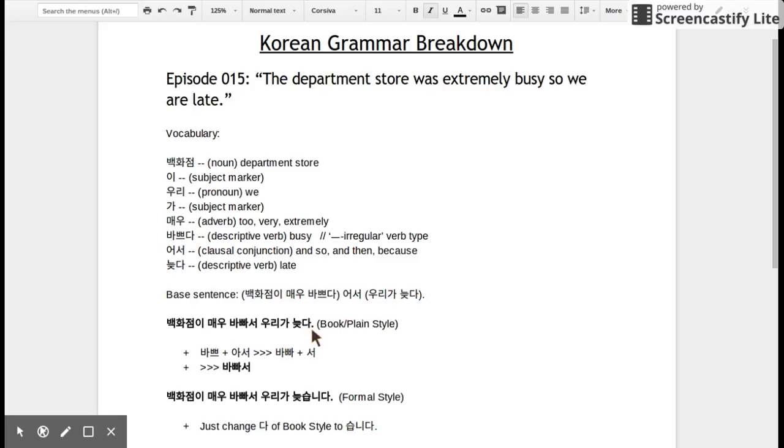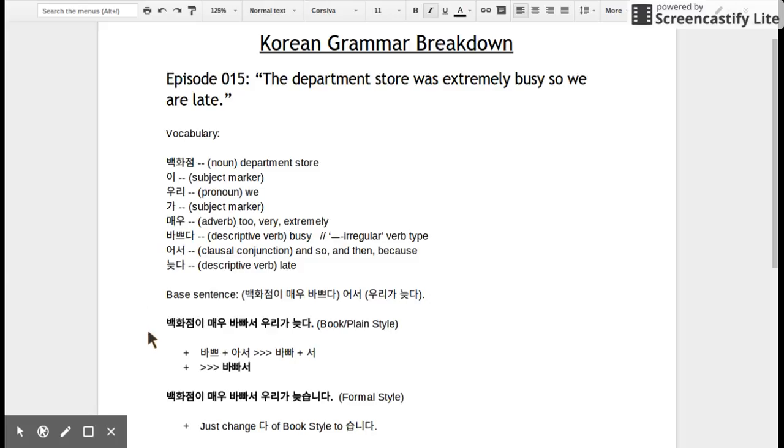Now I don't know if I mentioned this before, but this is a descriptive verb. To make the plain style, you drop the da and then you simply add da. So this is one of the rare times in Korean where a verb is used in its actual dictionary form. Verbs are always listed with a dictionary form, and they're rarely used that way, okay?